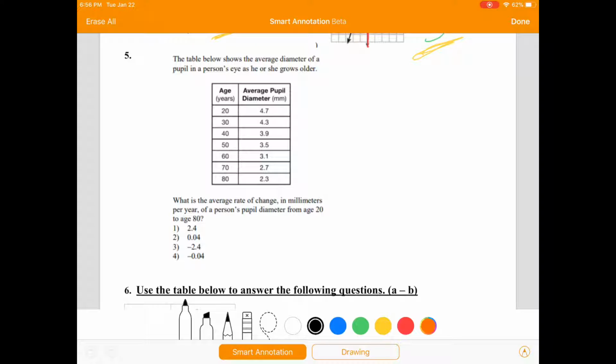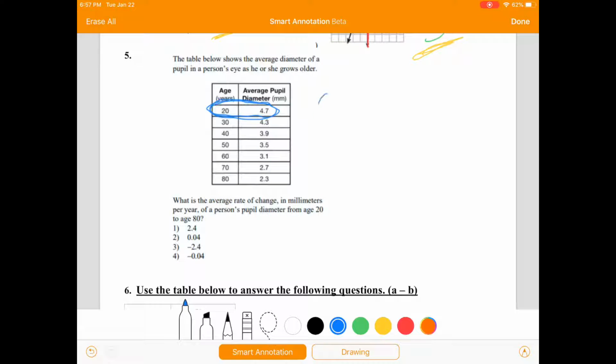What is the average rate of change in millimeters per year of a person's pupil diameter from age 20 to age 80? So again, don't overthink it. It says from age 20. So pause there as soon as you hear from age 20, and you're going to go into the table and get that ordered pair.